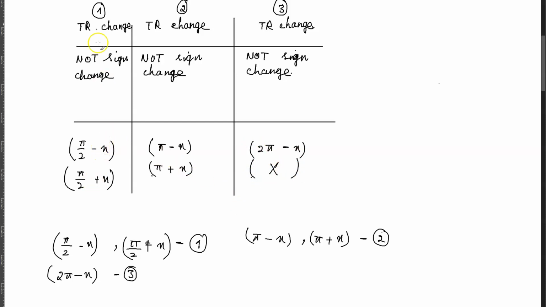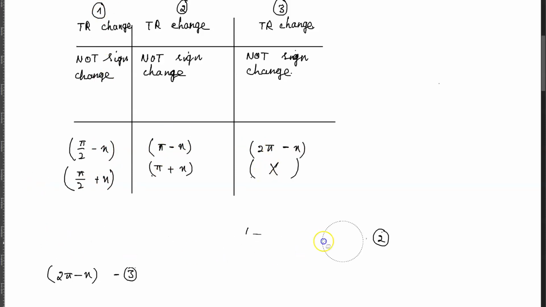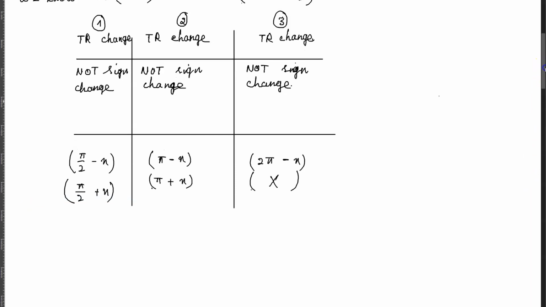So I have under 1, I have 2 cases, and 2 cases, right? I'm going to keep these numbers because I think we are going to need them.